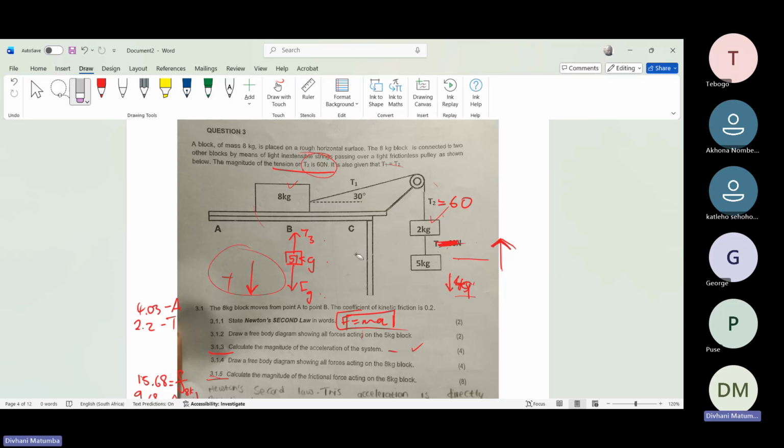Because if the frictional force that you have calculated by resolving forces in the x direction is different from the one that we have calculated using the coefficient of friction of 0.2, if they are not equal, it means there's something wrong. They are supposed to be equal. So whoever was setting this paper did not check.